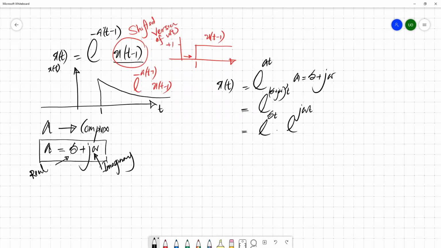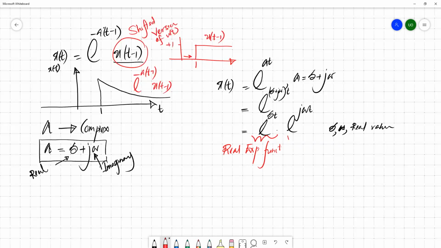We know that sigma is a real value, so this block itself is a real exponential function.